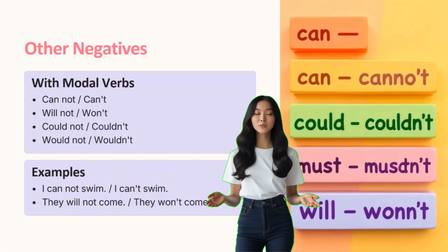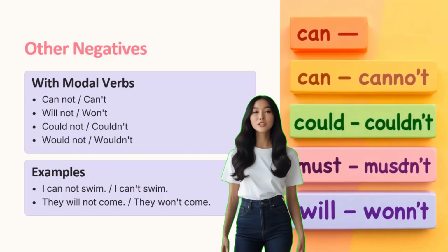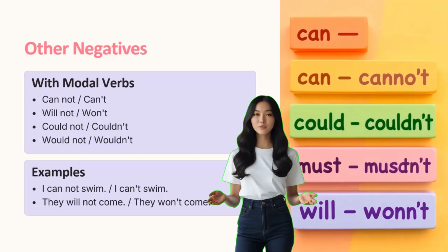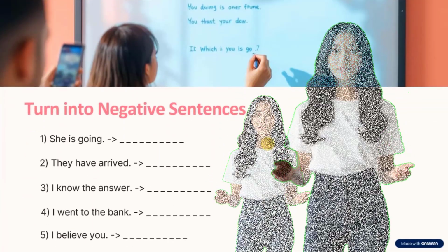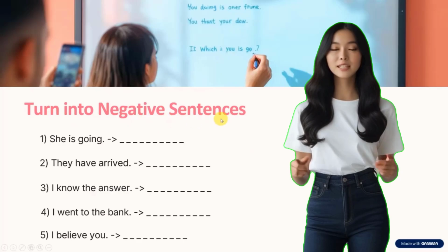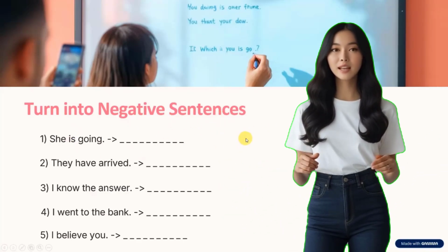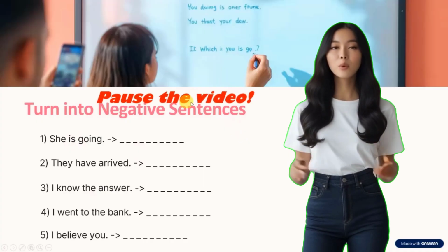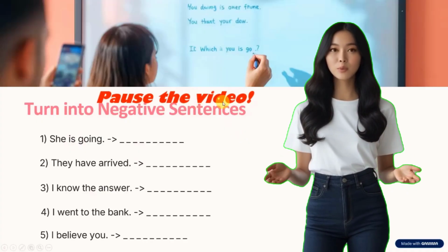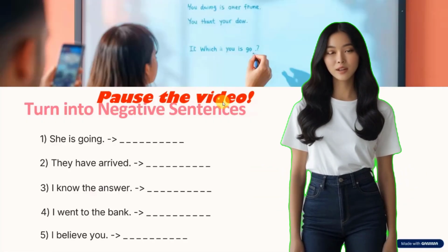Righto, guys, like always, once you've reached a certain stage, it is time to practice what you have learned. Turn into negative sentences. You must take these and turn them into negative sentences. Like always, please pause the video, grab hold of your notebook, and don't write it on the table.